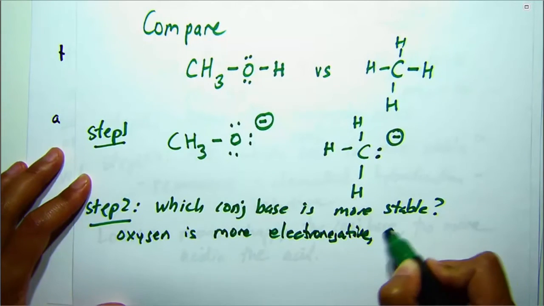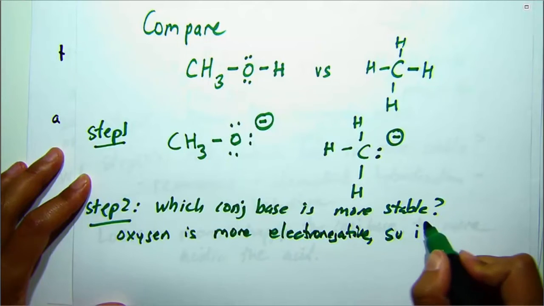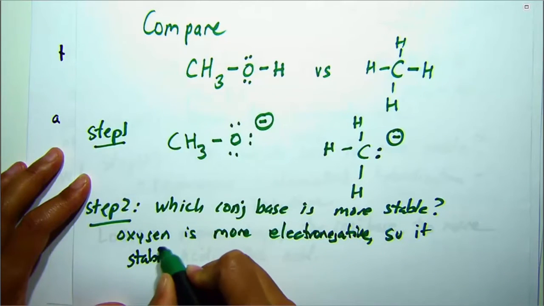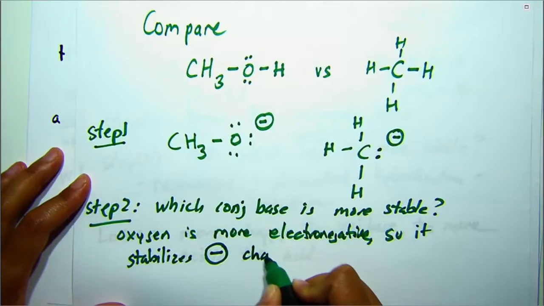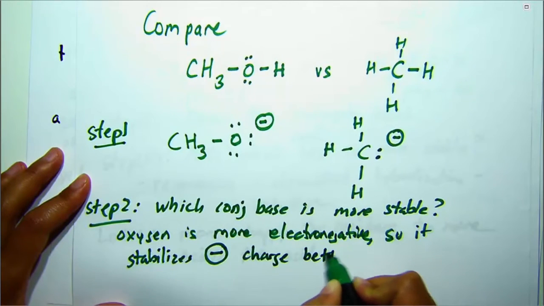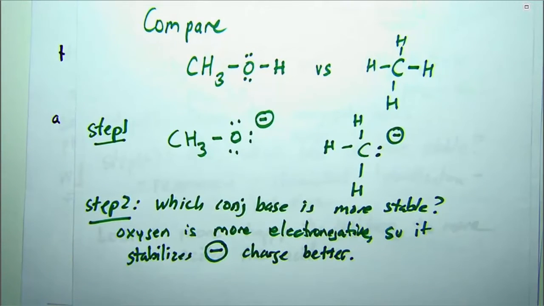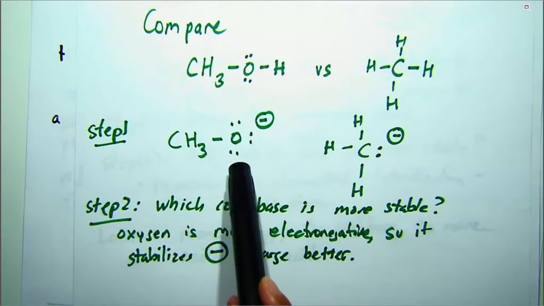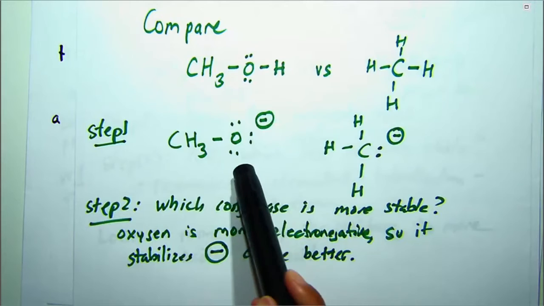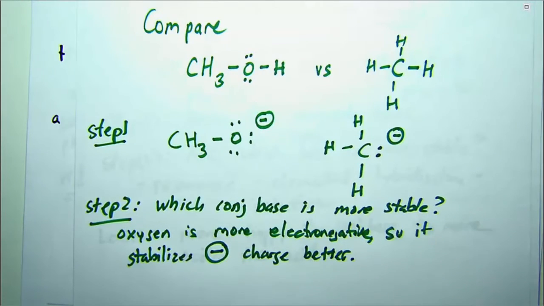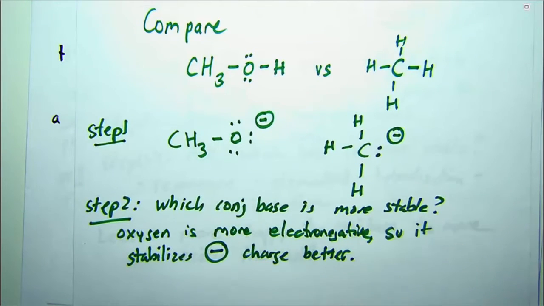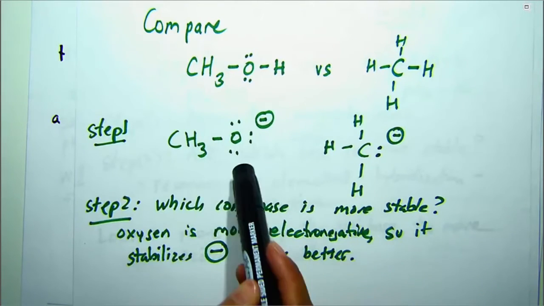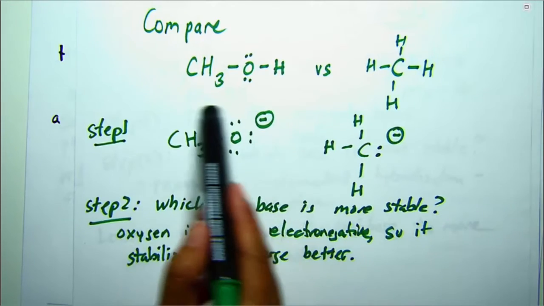So it stabilizes the negative charge better. All right, so by that logic, this means that the methoxide anion is way more stable than the carbanion, because oxygen is way more electronegative than carbon. And so in comparing these two, this tells me that methoxide is a more stable, it's a happier base.